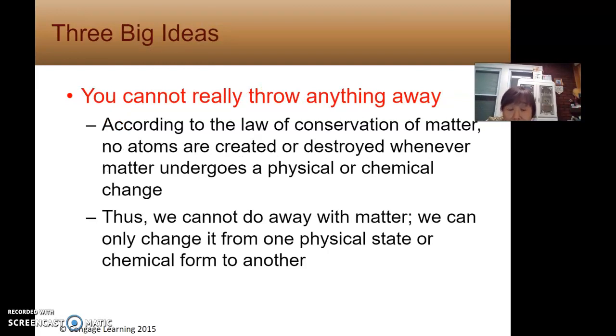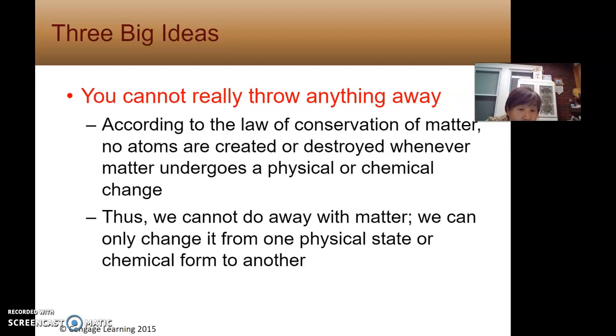So you cannot really throw anything away. Sometimes we say just throw things away. Why not? According to the law of conservation of matter, no atoms are created or destroyed whenever matter undergoes a physical or chemical change. Thus, we cannot do away with matter, no matter what kind of pollution.